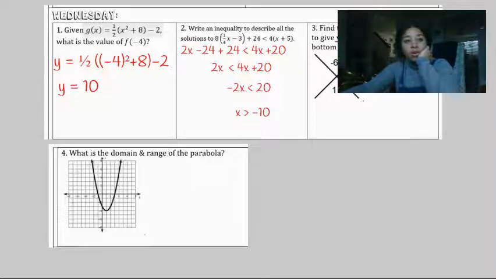Then we have negative 30 times 2. They add together and they get negative 28, so that doesn't work. Then we have 15 and 4, negative 15 plus 4. That is negative 11.